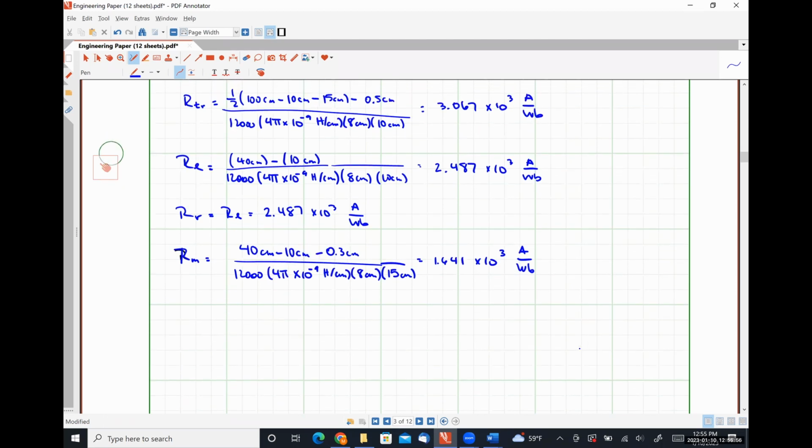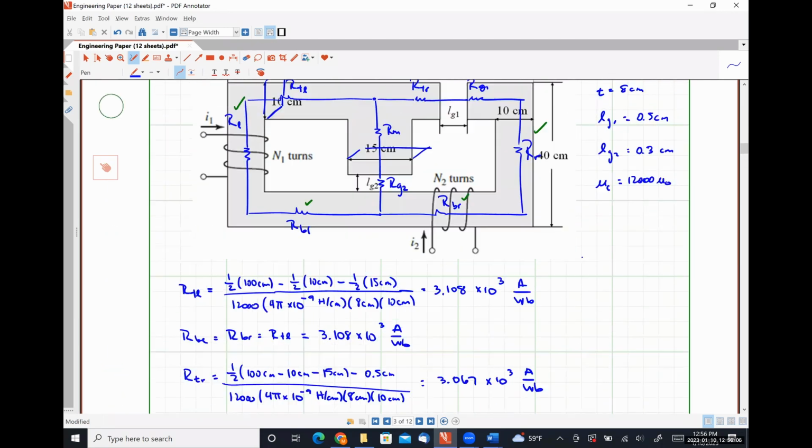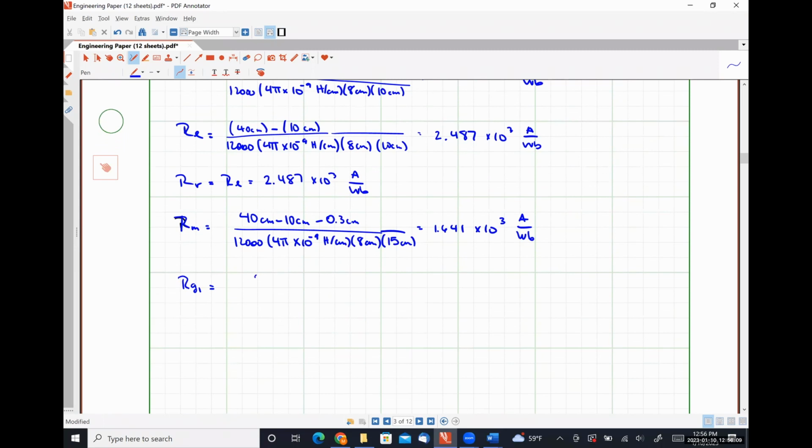All right, so speaking of our air gap reluctances, those are the only two things we have left. So for our first gap, we have a length of 0.5 centimeter. Since we're not inside the core anymore, we only have the permeability of free space, 4 pi times 10 to the minus 9 henries per centimeter.